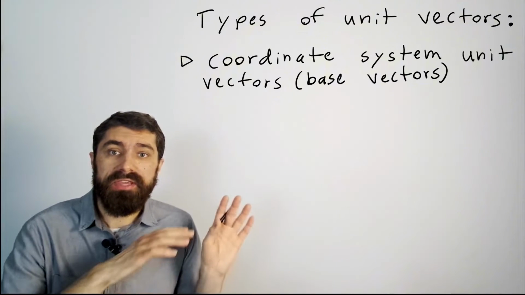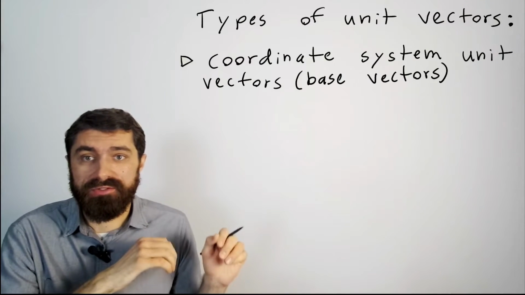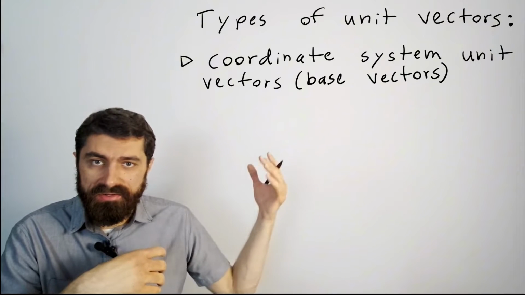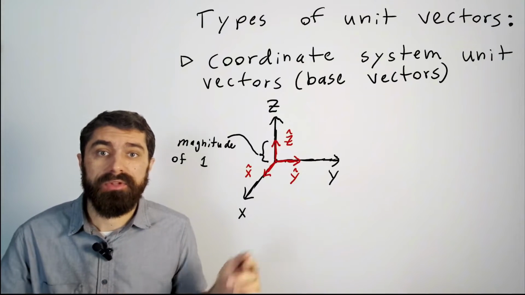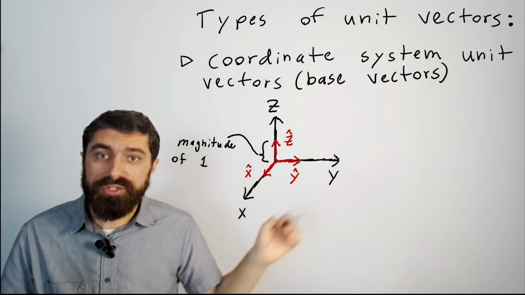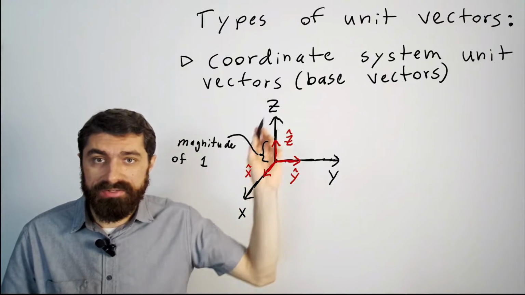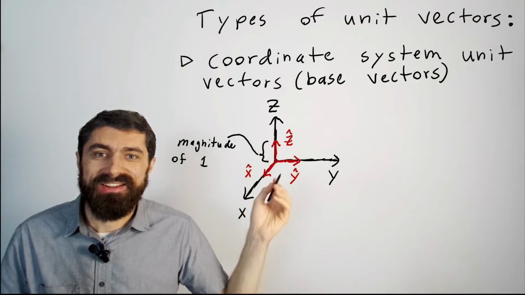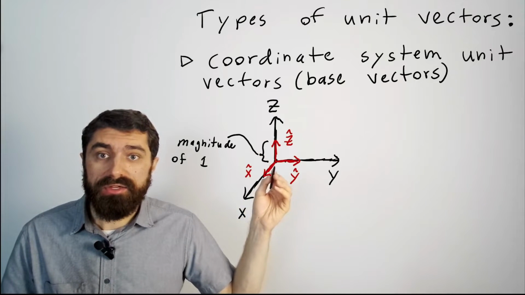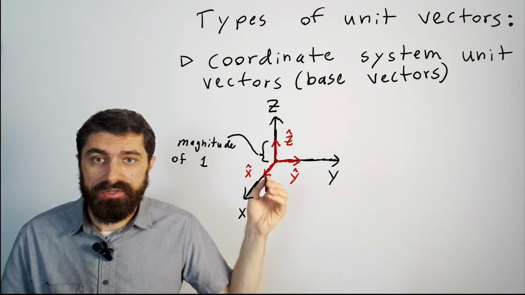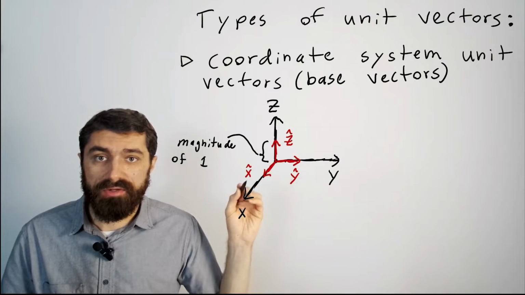There are two types of unit vectors. One is the coordinate system unit vectors, or what we call the base vectors. So for example, if you have a Cartesian coordinate system here, x, y, and z, this is three-dimensional, basically you can say that we have unit vectors. The unit vector in the x direction is called x hat.